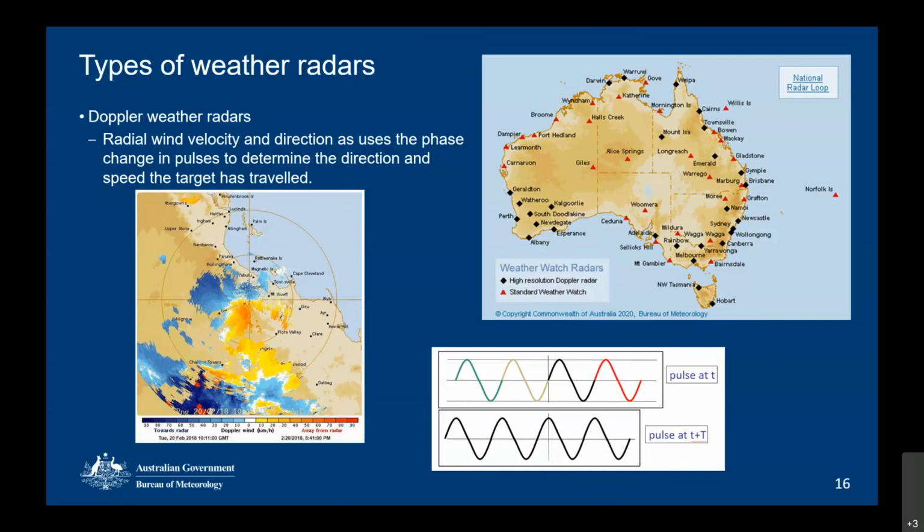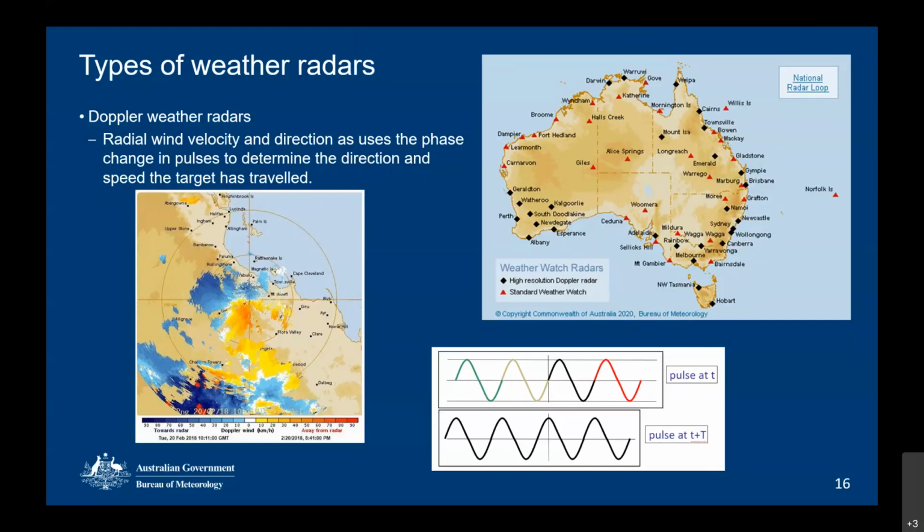What that does is the return echo will be slightly out of phase with the transmission signal, which means, as you see down the bottom, the pulse and the phase will move slightly away from the base frequency. If it's a slightly higher frequency, the target is coming towards the radar. If it's slightly lower, it's going away from the radar.